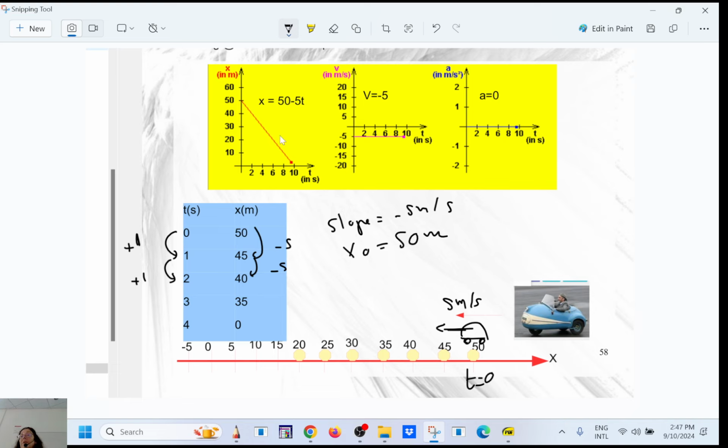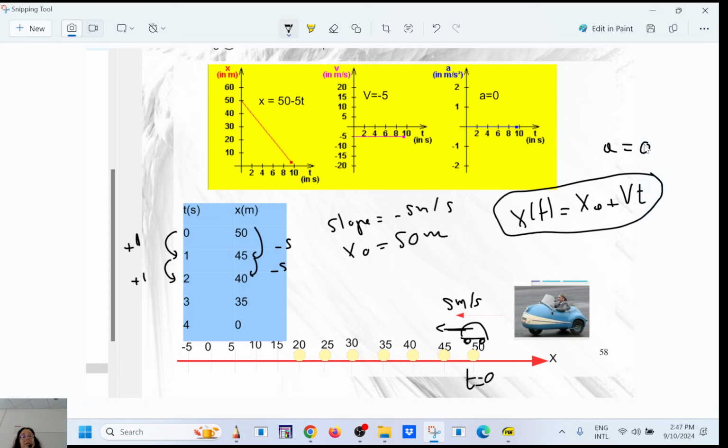So that will be the kinematic equation when there is no acceleration. So what's the kinematic equation? Position at a given time equals initial position plus velocity times time, if there is no acceleration.